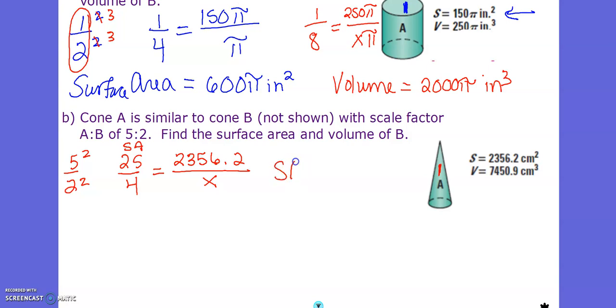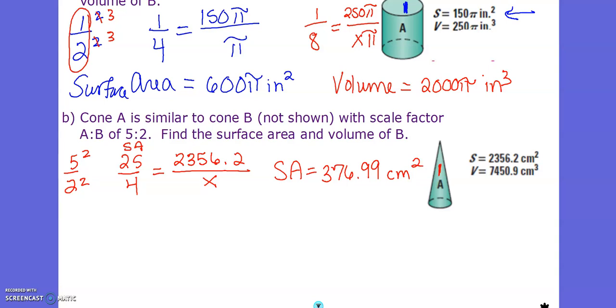My surface area of cone B will come out to 376.99 centimeters squared, if I rounded it to the nearest hundredth.